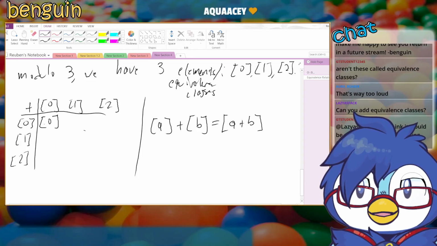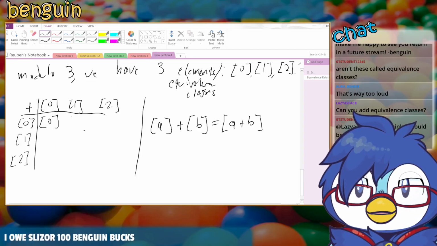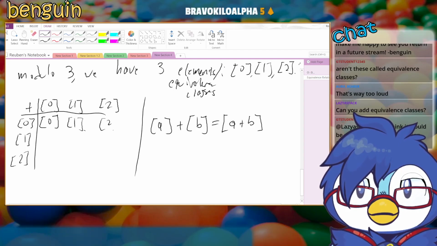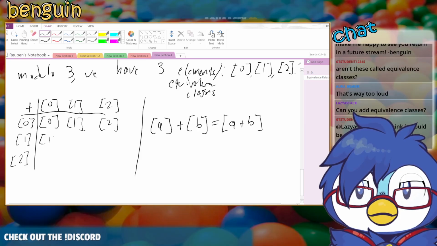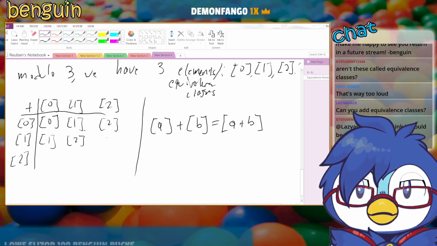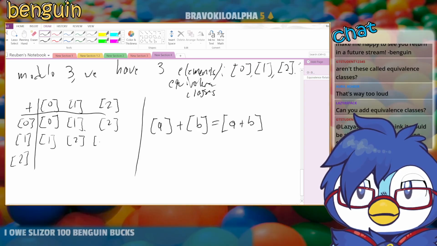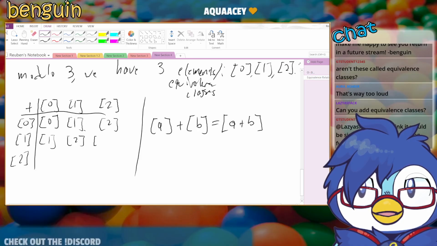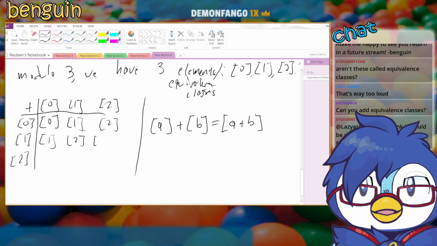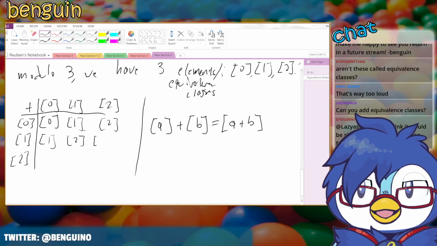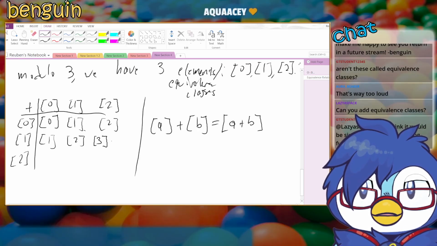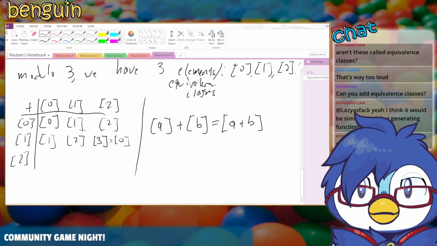So let's just do that. 0 plus 0, that's 0. 0 plus 1, that's 1. 0 plus 2, that's 2. 1 plus 0, that's 1. We have 2. Now we get into an interesting situation. I can take the equivalence class with 1 and the equivalence class with 2 and ask, what happens if I add those together? I get 3, but remember, this is the same thing as 0.